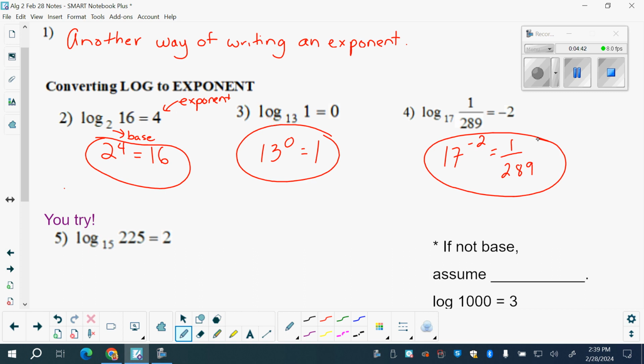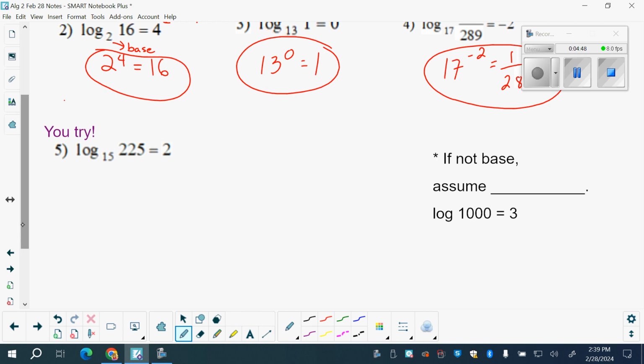Great. Nicole? Okay, everybody I checked had it. Yep. You should get 15 squared equals 225. Any questions on that? Okay, just like when we have the square root of 5, the number that is assumed to be here is what? 2.